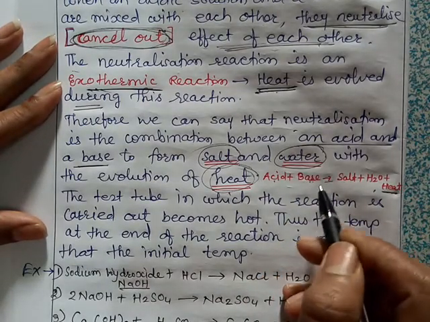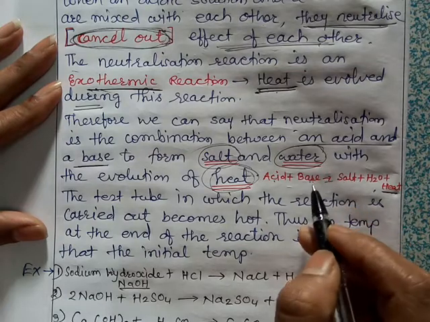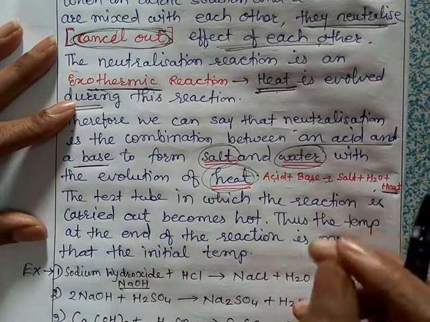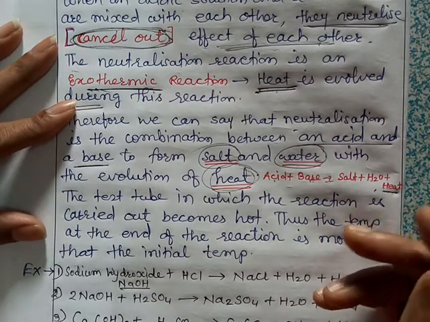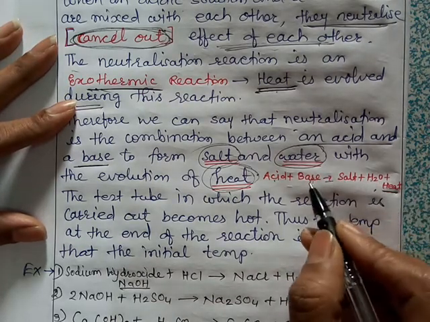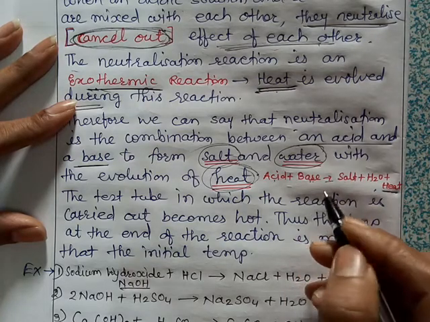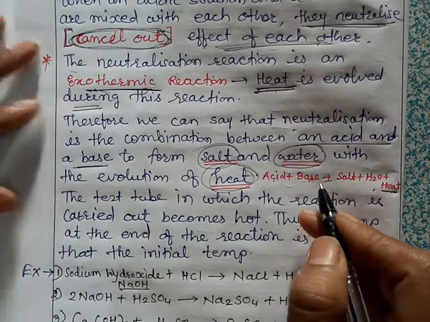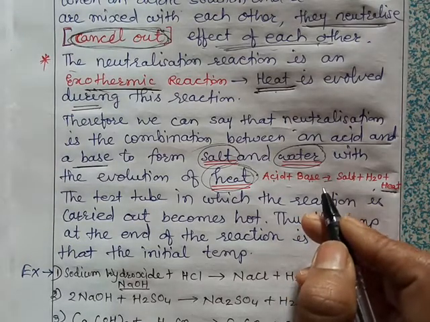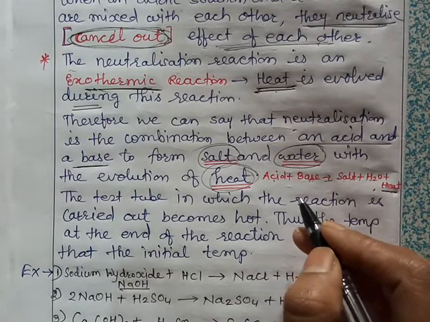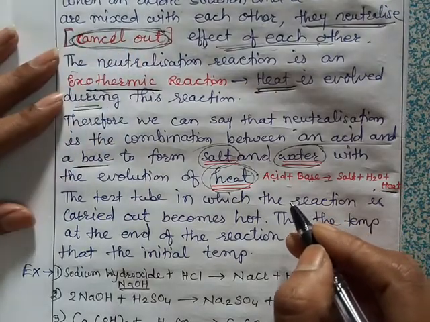You will observe that the test tube from outside becomes warm or hot. Suppose you add sulfuric acid to lime water, then this reaction mixture becomes hot, and this is a neutralization reaction. Because of the heat evolved, the test tube becomes hot.